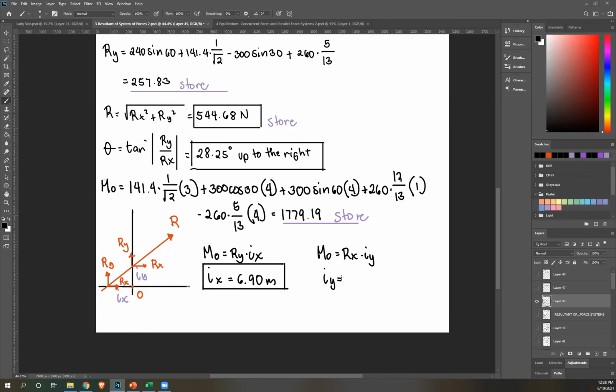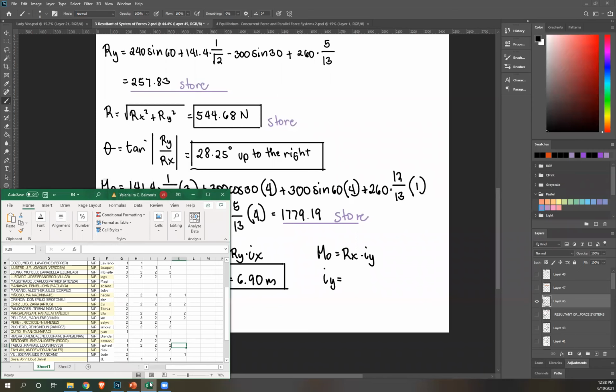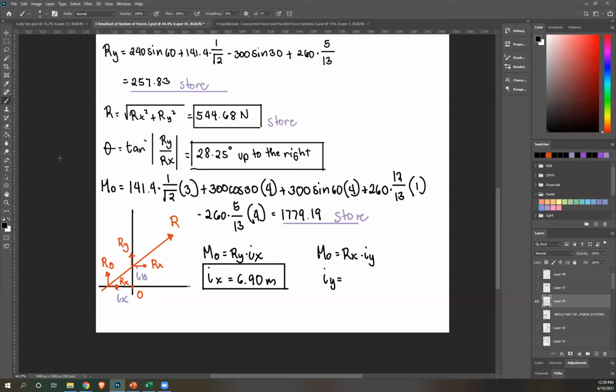Correct, Rafael and Simon. All right. 3.71, unit is meters. Both answers are positive, so it is indeed above 0.0.